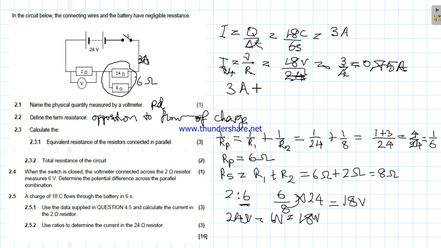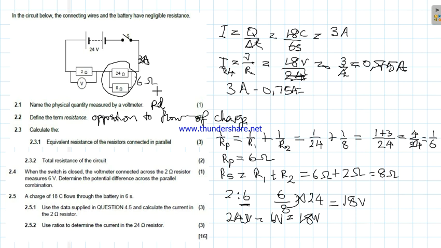Okay, some of it is going to go through the 24 ohm resistor, which we have said is 0.75. Okay, and what remains, which will flow through the 8 ohm resistor, is the difference. So it's just 3.0 minus 0.75.